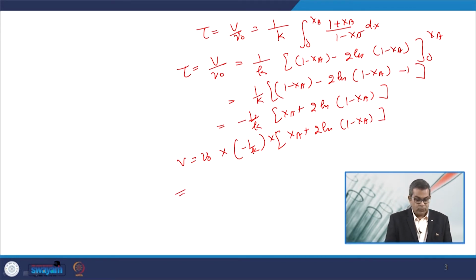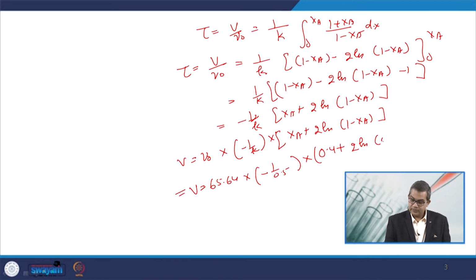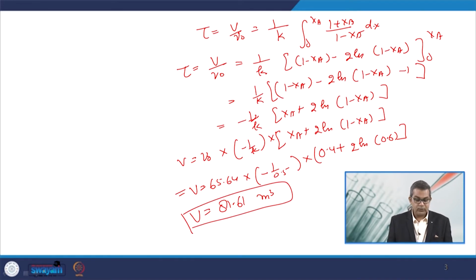So if we substitute all the values, then V is equal to 65.64 into 1 upon 0.5 into minus [0.4 plus 2 ln 0.6]. Now V will become 81.61 meter cube. This is my answer, and this is the required volume for the plug flow reactor for 40% conversion.